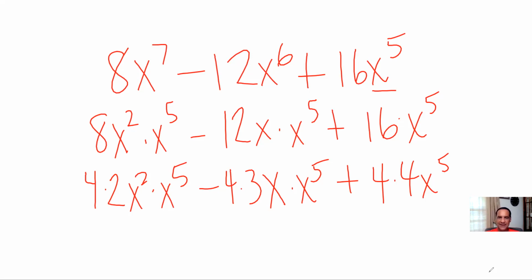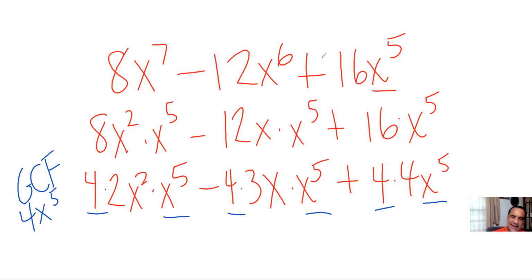Now, after you write that, then you can go ahead and pull out the 4 and pull out the x to the 5th. So everything that I just underlined is the GCF. And in this case, the GCF is pretty complicated. So that's going to become 4x to the 5th.